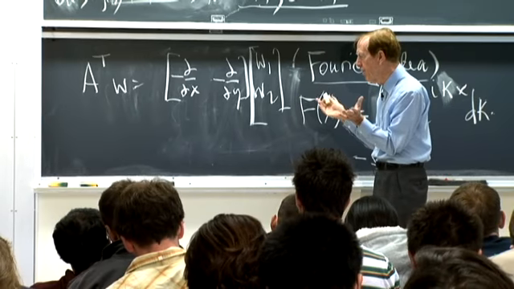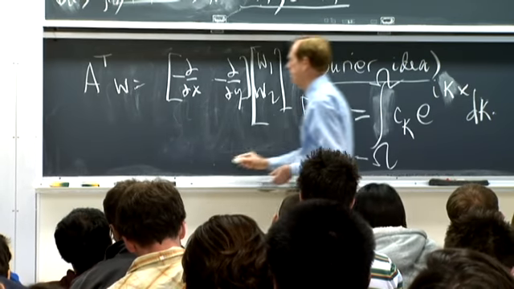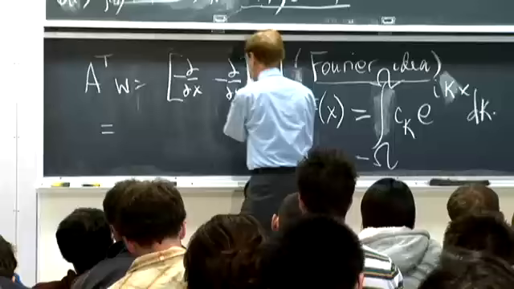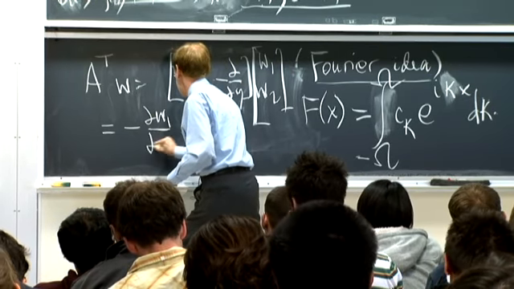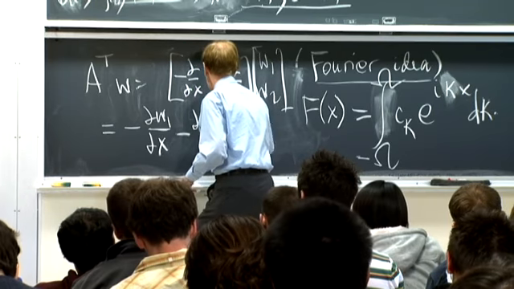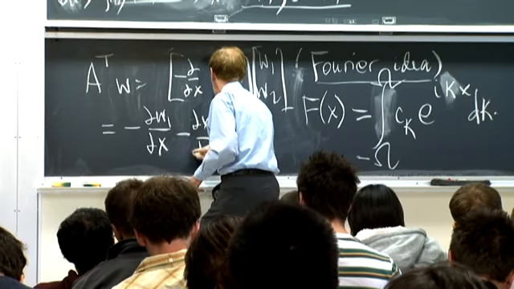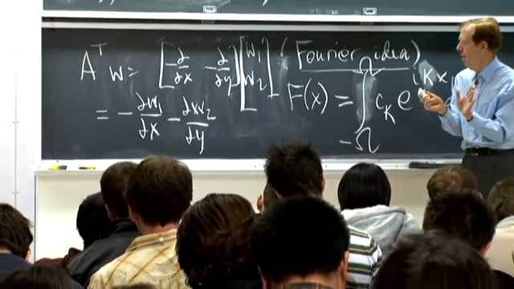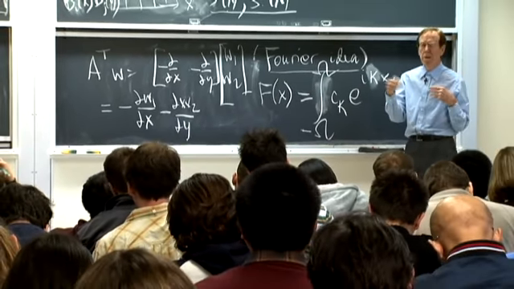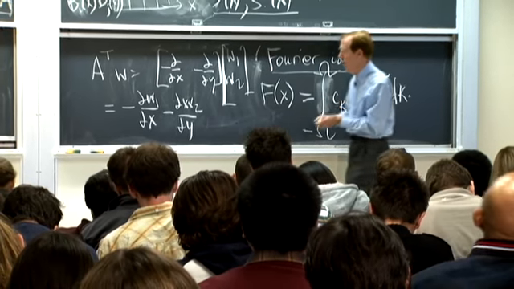It's not a scalar field, it's a vector field. And the result is just what it should be: minus dW1 dx minus dW2 dy. Okay, good. This has got to come out of integration by parts, right?